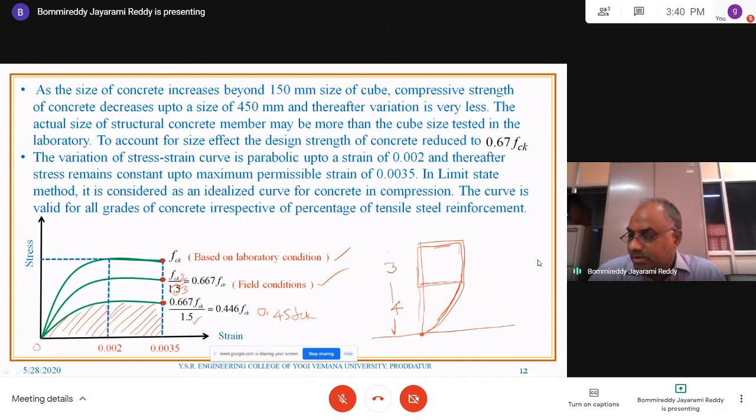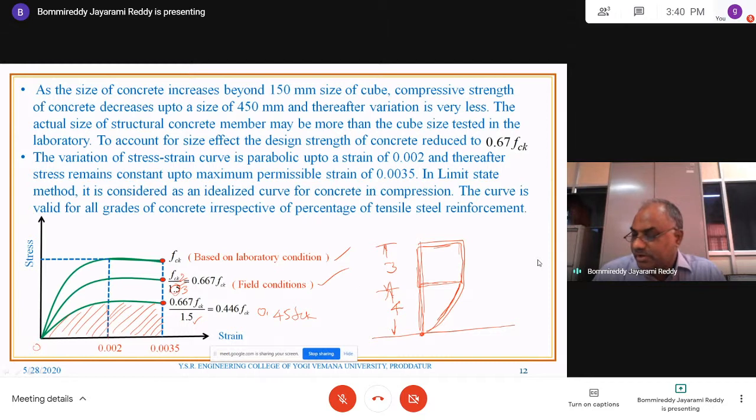In the overall depth, it will be considered as 4 parts of height of parabola and 3 parts of rectangular, because you know that it is 0.002, whereas it is 0.0035. So here 4 times, and here 3 times.